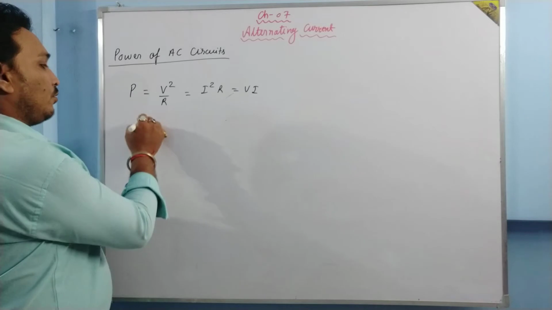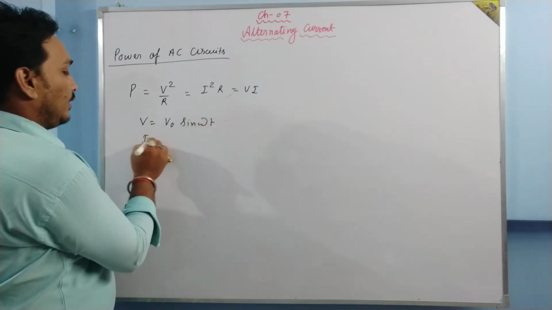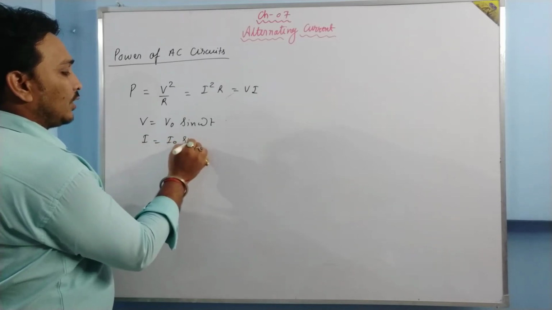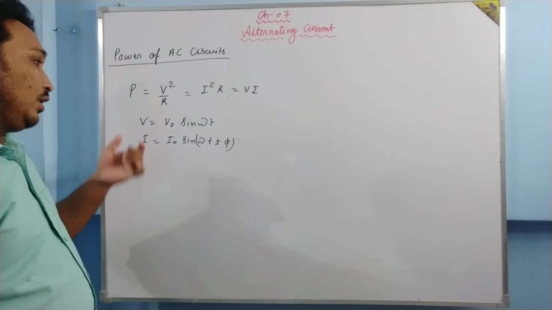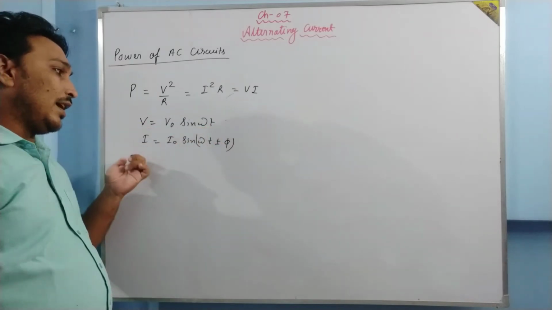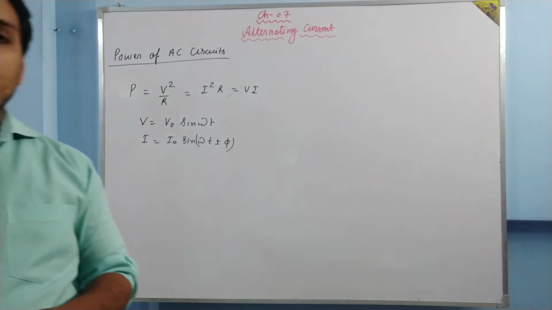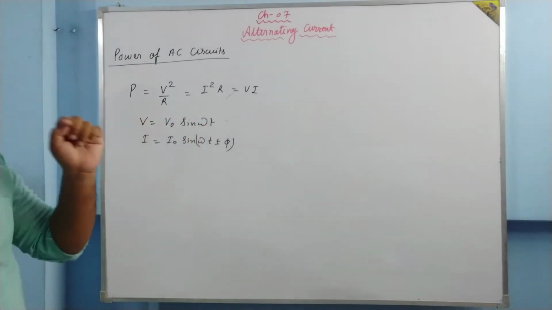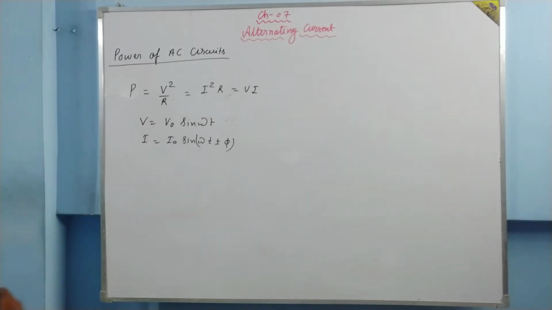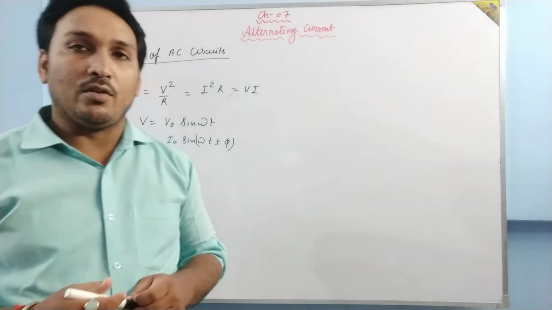Since V is equal to V naught sine omega t and I is equal to I naught sine omega t plus minus phi, V depends upon t, I depends upon t. So when t changes, V also changes, and we have a particular instantaneous value of power. We don't have the average power of the circuit.